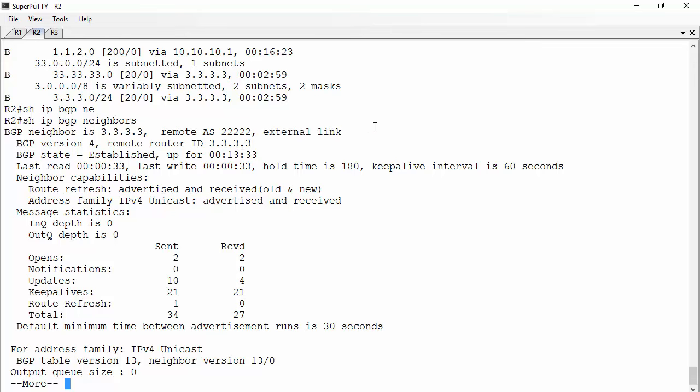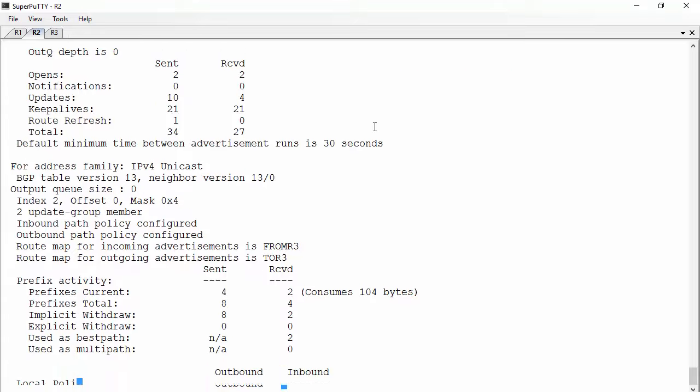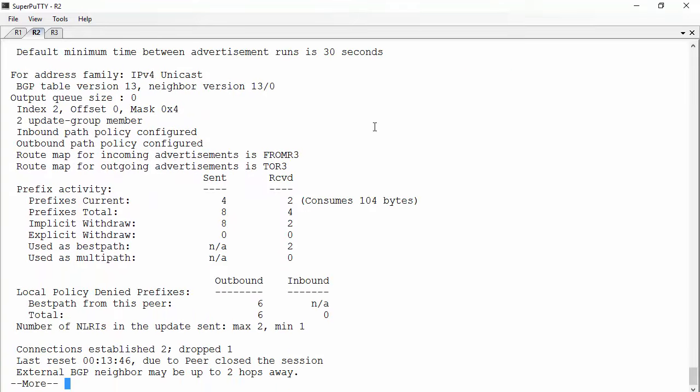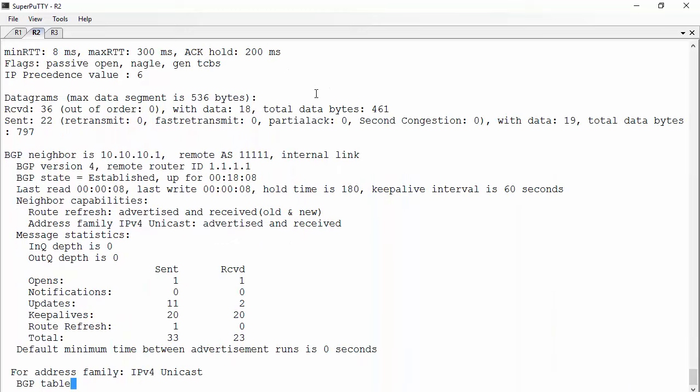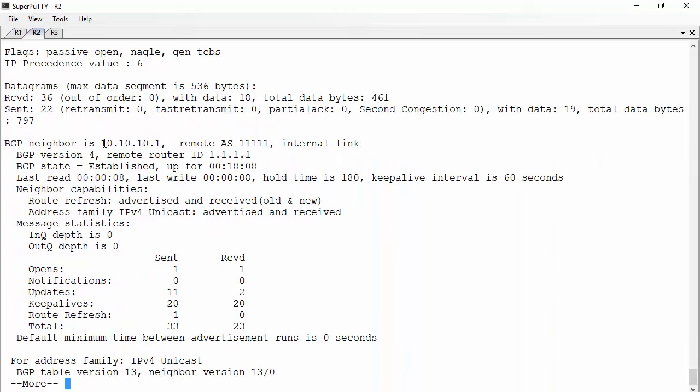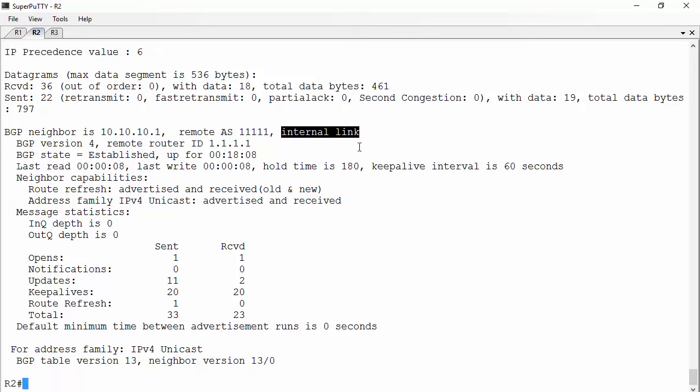External link means it is eBGP. If I go down further to the next neighbor, my next neighbor IP address is 10.10.10.1. The router ID is 1.1.1.1, but it's an internal link. So internal link is iBGP, external link is eBGP.